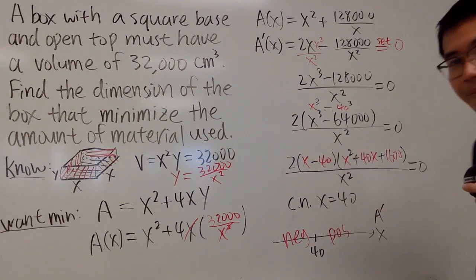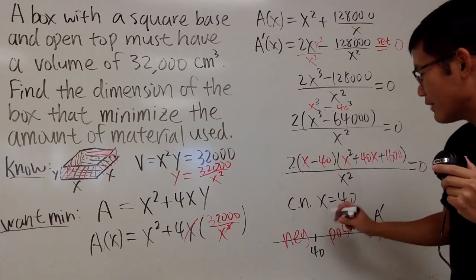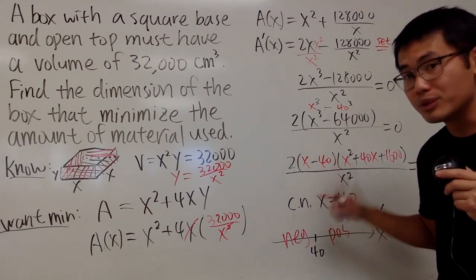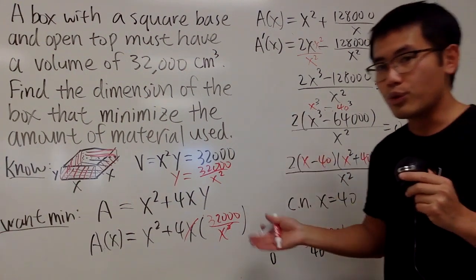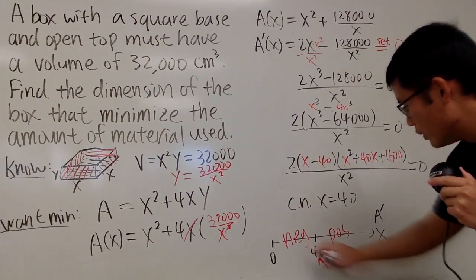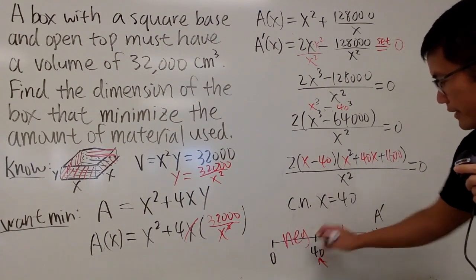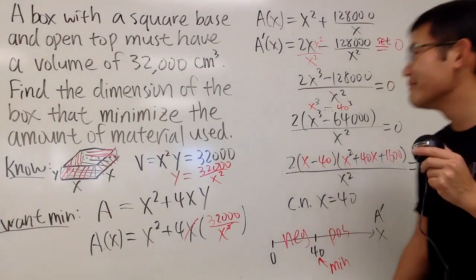Imagine if this is a general function, you also have to care about when x is equal to 0, so be really careful with that. In this case, we don't need to worry about 0. Because when x is 40, A prime goes from negative to positive, which means we actually have a minimum.